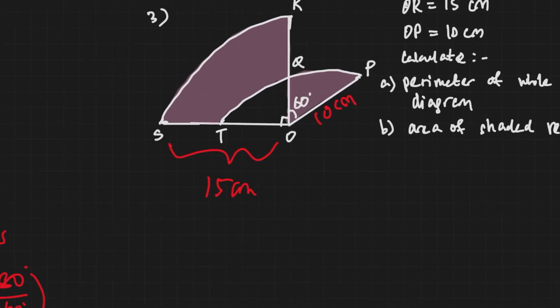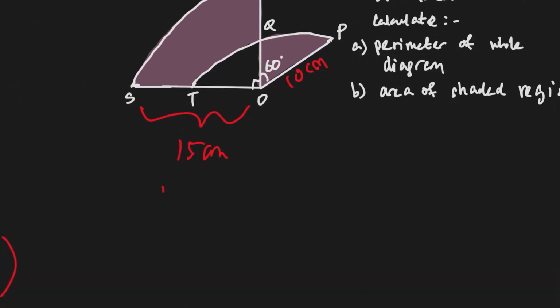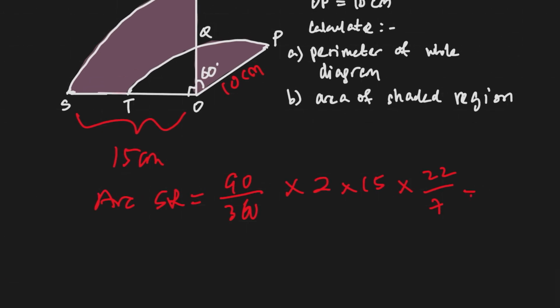Then we need to find the arc of SR. So the arc of SR will be 90 degrees multiplied by 2 pi r, which is actually equal to 23.57.